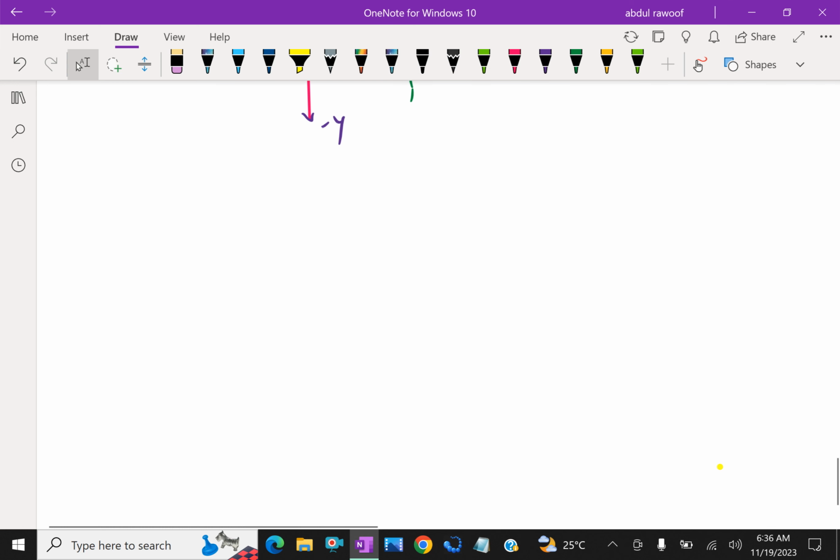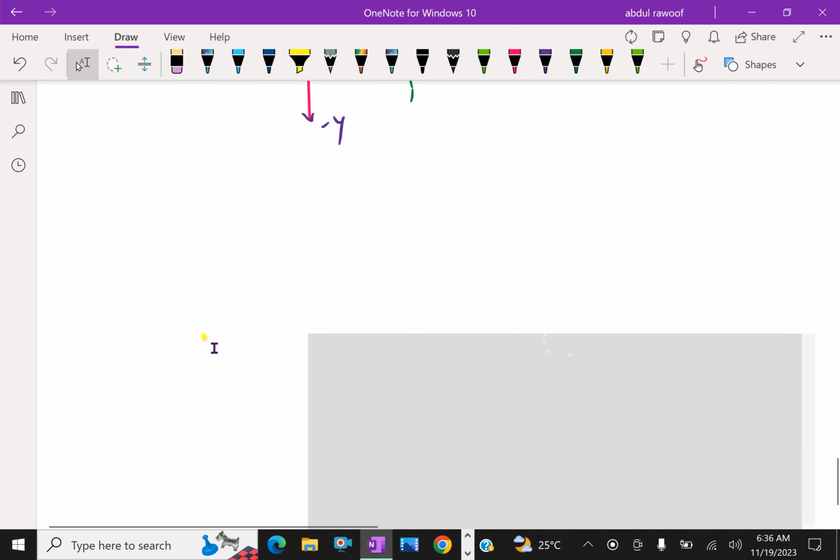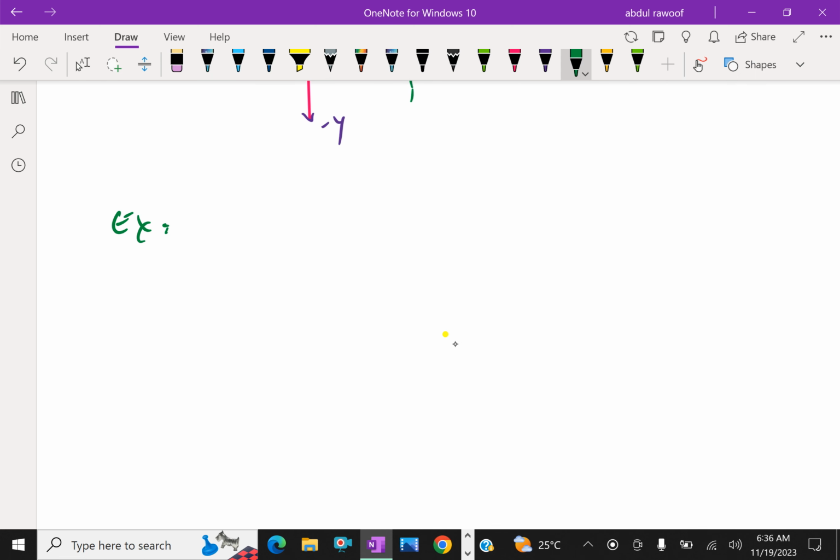Now, for example, consider the relation points: 1, 3; 2, 4; 3, 5; 4, 6.